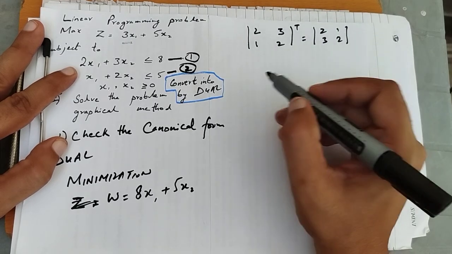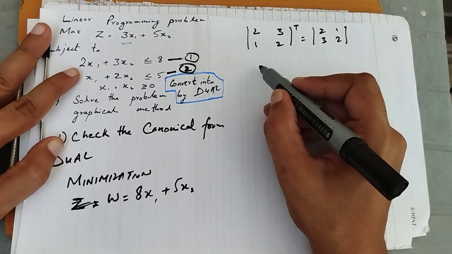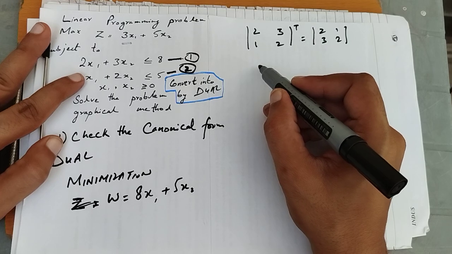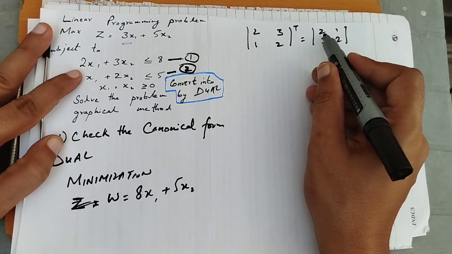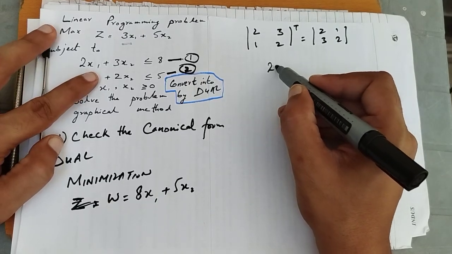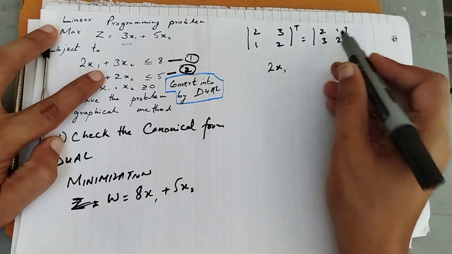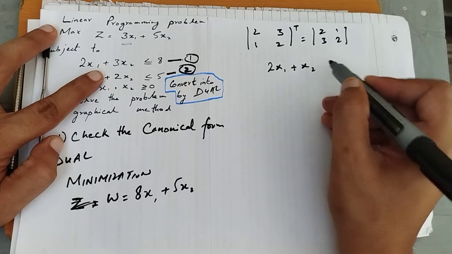These are the new coefficients of the constraints of the dual. So the first constraint would have first coefficient 2, and the x1 variable would be the same, plus 1, we don't write 1, x2.